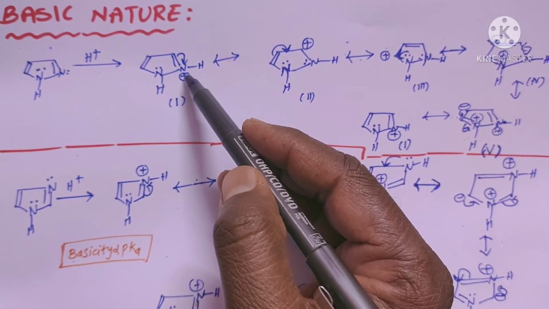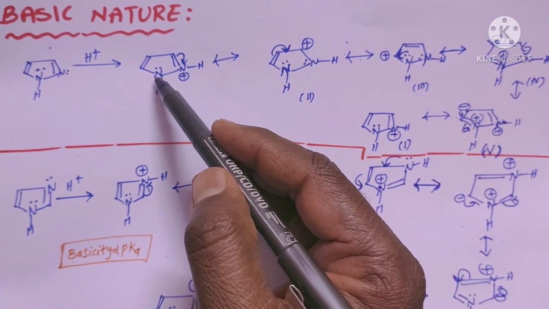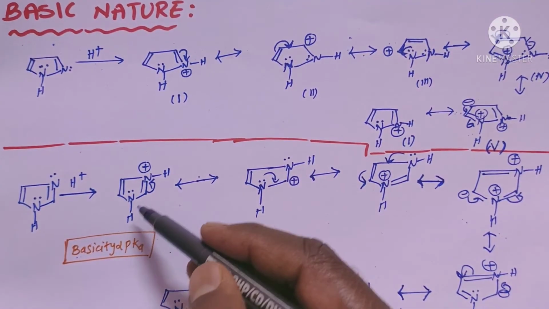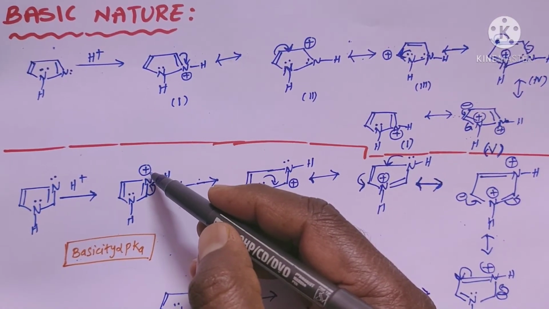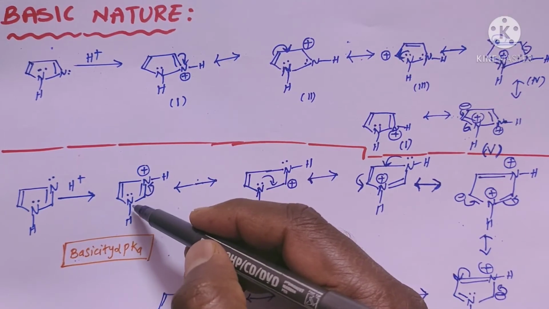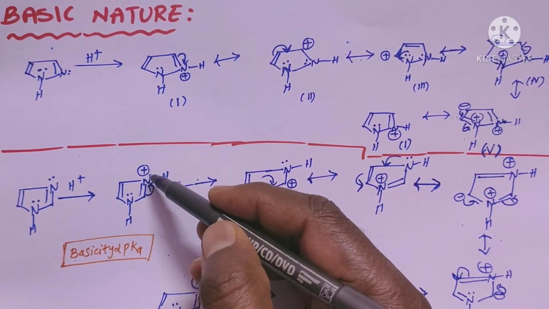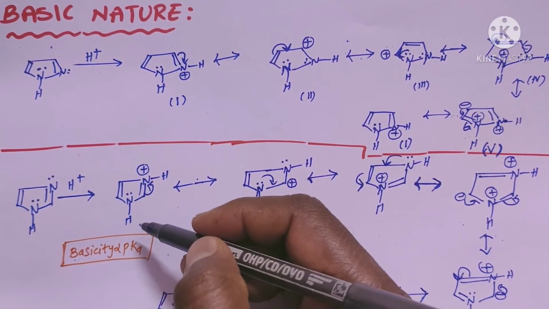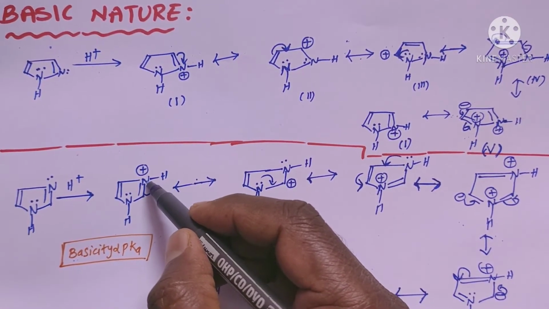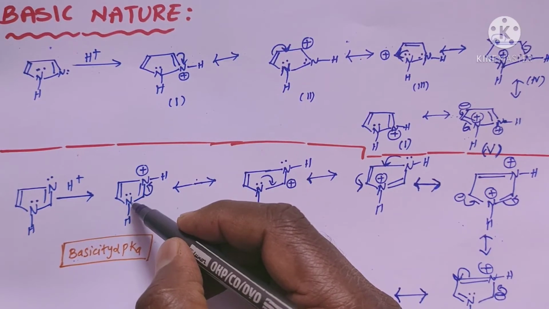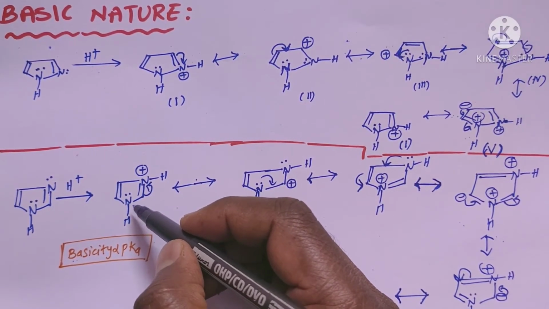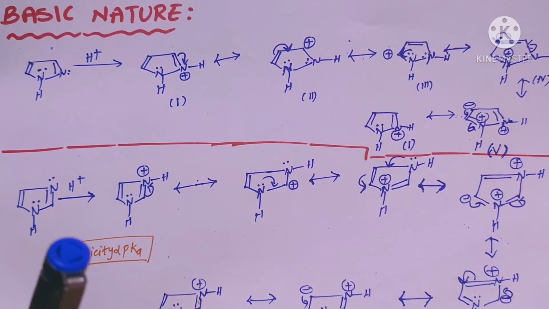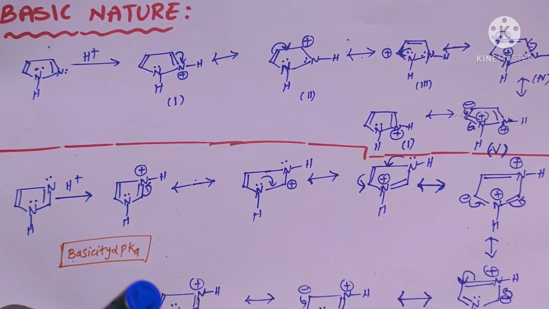Here, the positively charged nitrogen atom and the free nitrogen atom are present in adjacent positions, whereas here, the positively charged nitrogen atom and the second nitrogen atom are somewhat distant from each other. So the effect of this N plus ion on the second nitrogen is less in imidazole compared to pyrazole. So that's why imidazole is a stronger base compared to pyrazole.